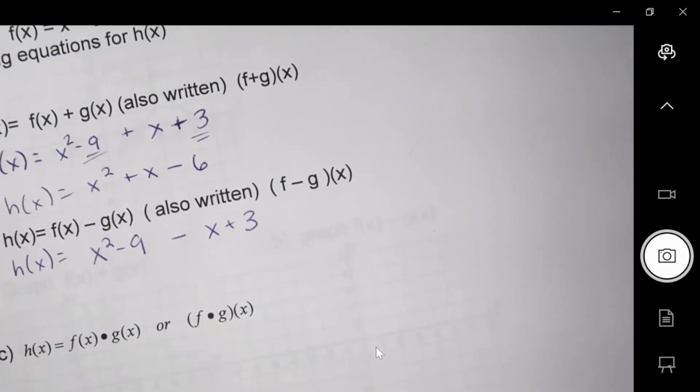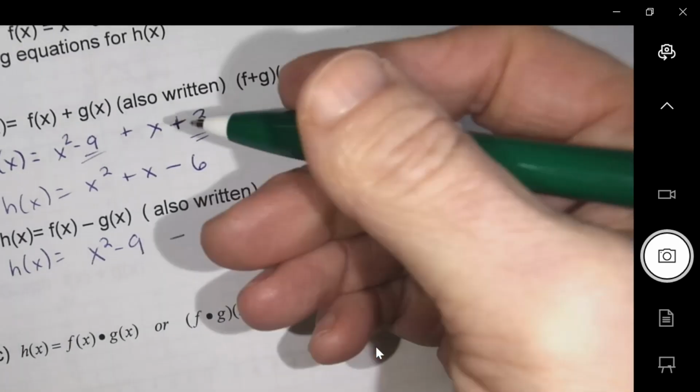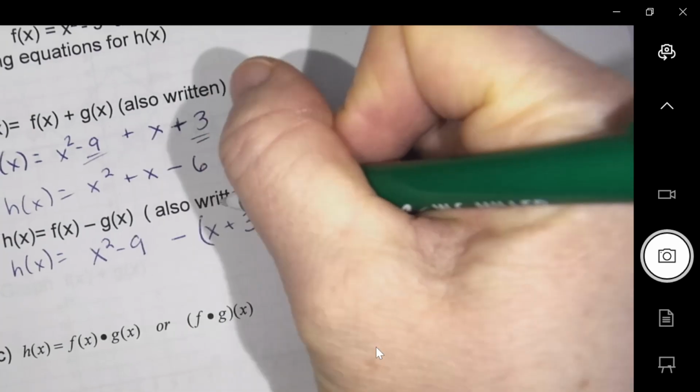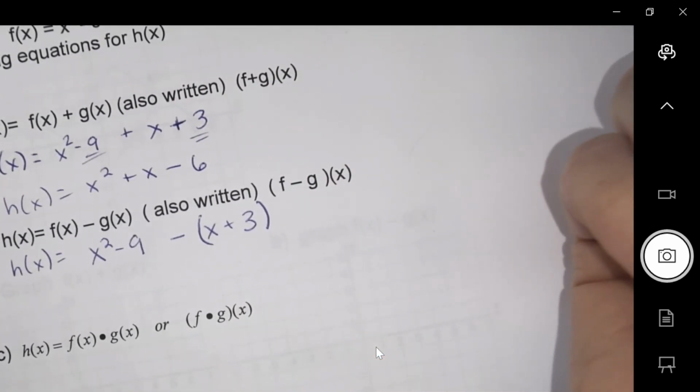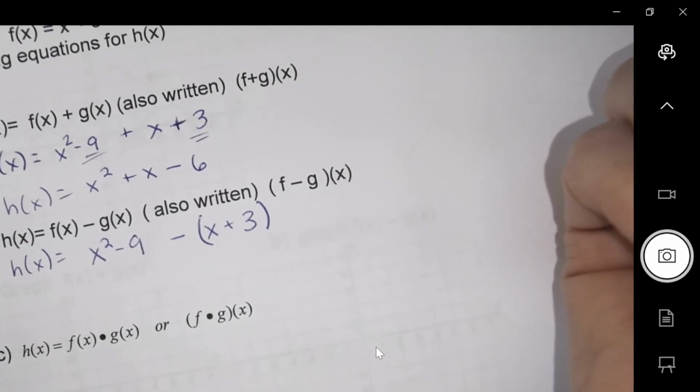And there's a mistake on my paper that I did, so you are going to have to look up at mine and tell me what I did wrong. What is wrong with how I did this? You have to minus that whole function, okay? So obviously when I added, I didn't put brackets because it doesn't make a difference.